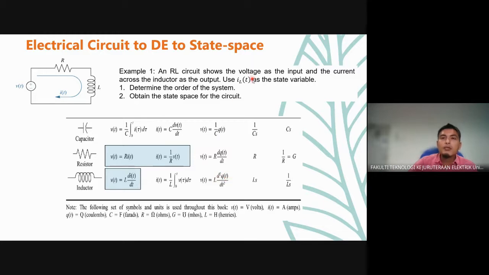But the question already asks you to use iL(t) as the state variable, so you just need to use this one only. This is how we determine which formula we need to use. For the resistor it is the same.